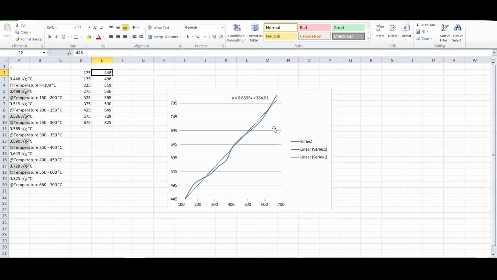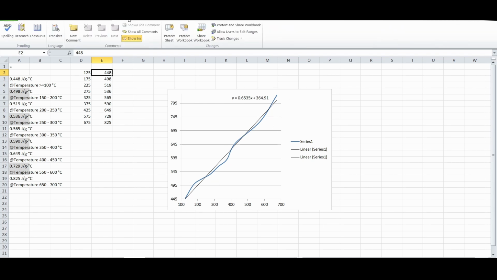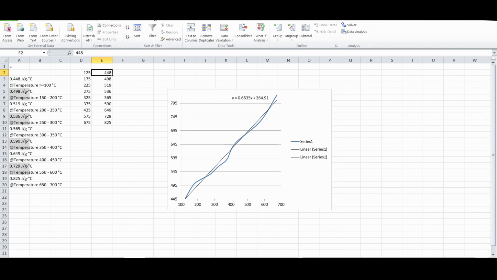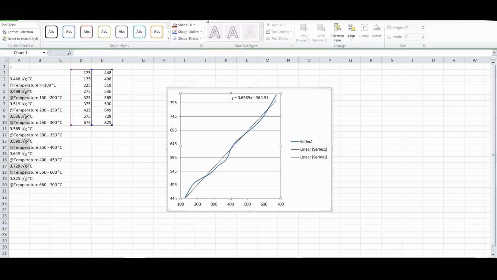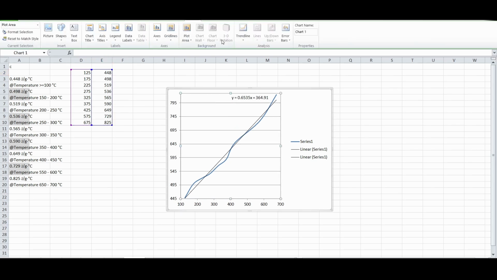And you can plot it, and then in Excel, if you go to the chart stuff, in one of these, layout, you can add a trend line, you can fit a polynomial, or I just did linear. And then if you click display equation on chart, you'll get this equation.